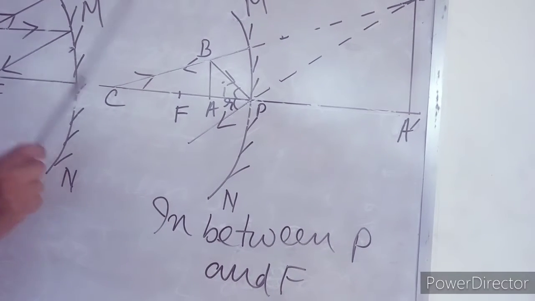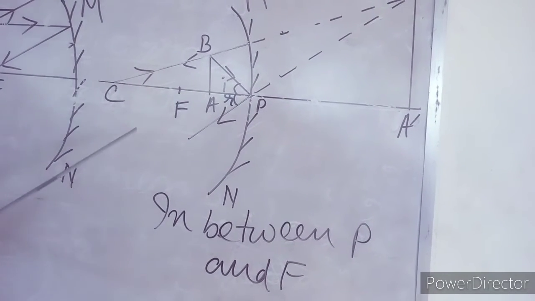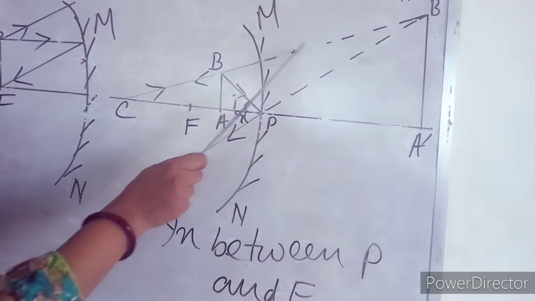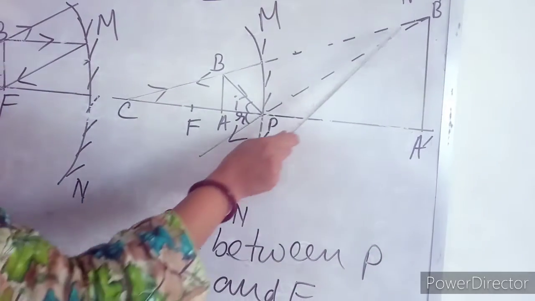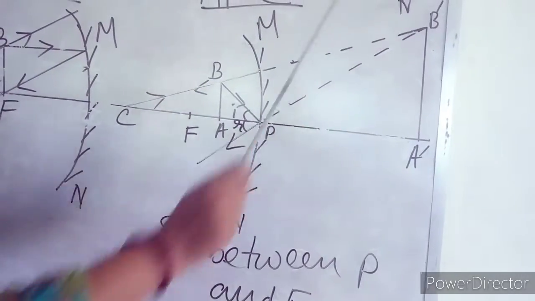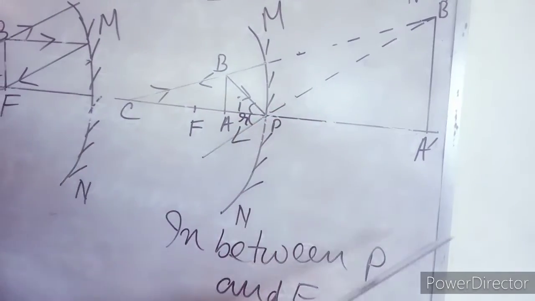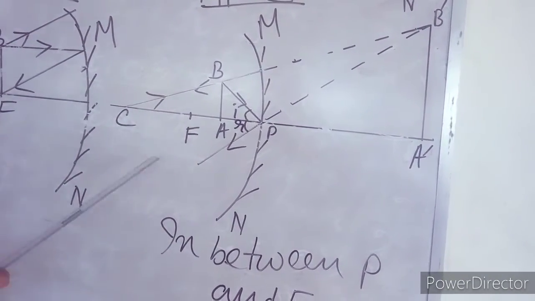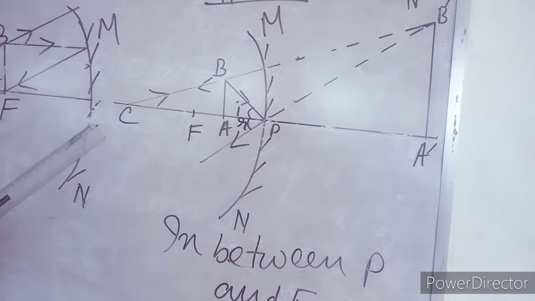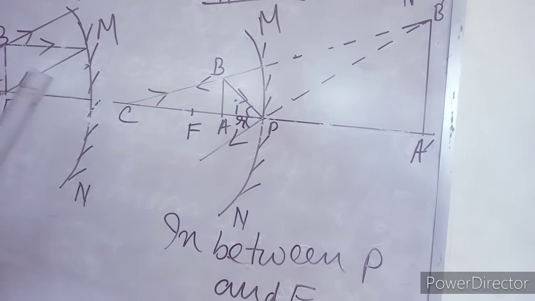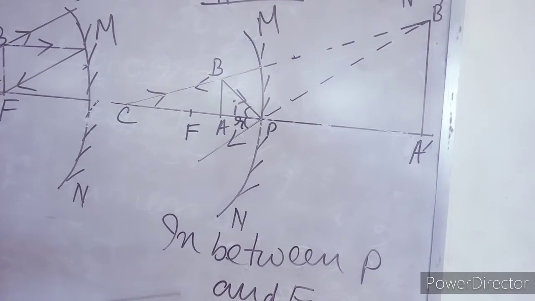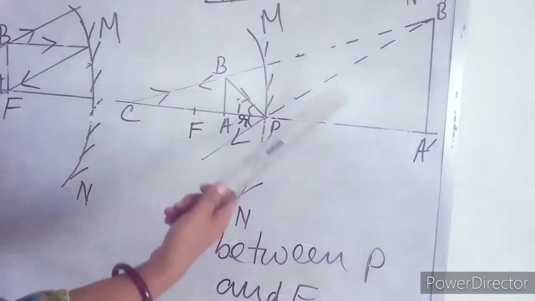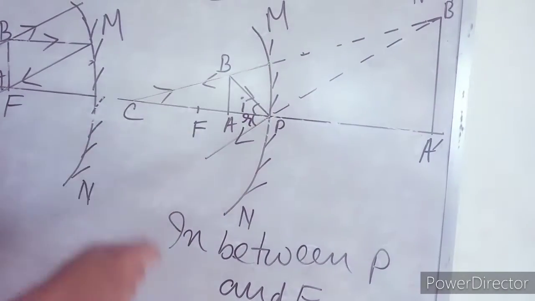So I can see that the two reflected rays are not going to meet, but if I extend the reflected rays in the opposite side, they are going to meet at a point, and here my image is going to form. In this case the reflected rays are not actually meeting, but we can say the reflected ray is coming from here. That means after extension in the opposite side, they are meeting.